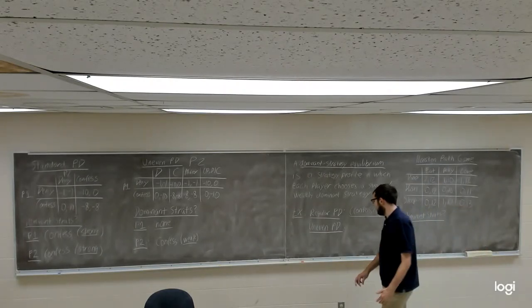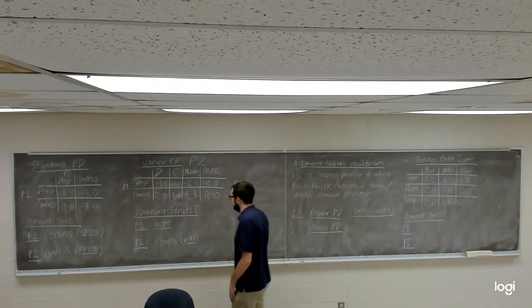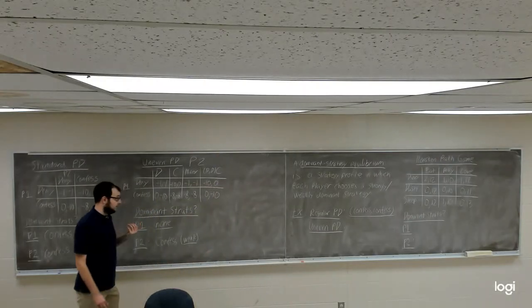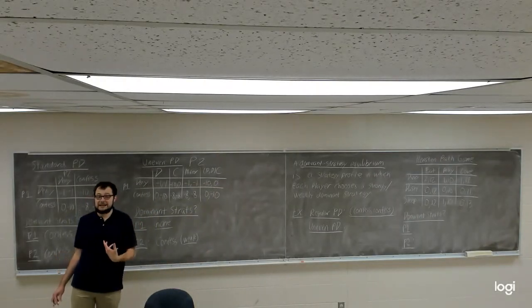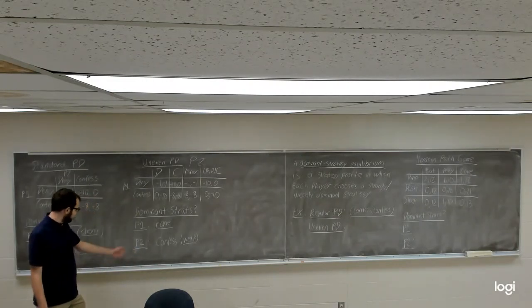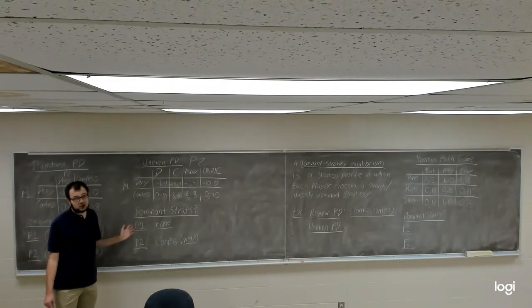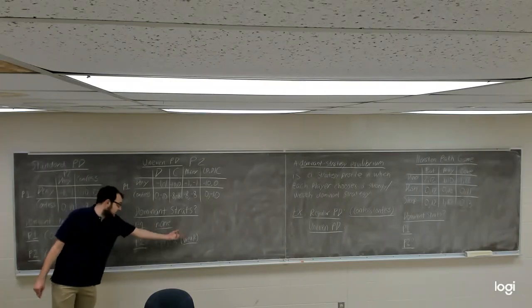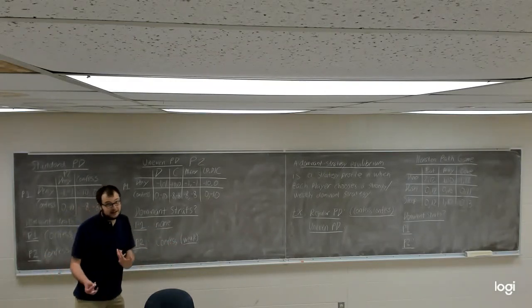How about the uneven prisoner's dilemma? In the uneven prisoner's dilemma, I claim there isn't a dominant strategy equilibrium. Why is that? Well, it's because player 1 doesn't have a dominant strategy. Player 2 does. They can always confess, which is weakly dominant for them.